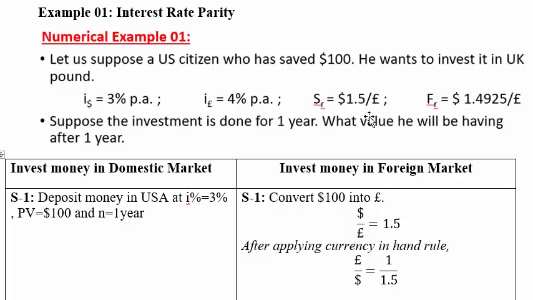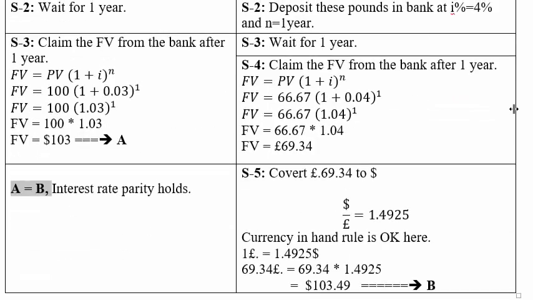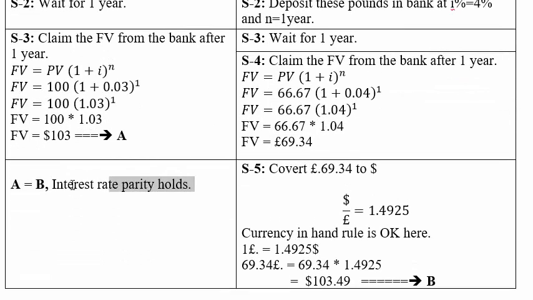Like pound was equal to $1.5, and now the same 1 pound is less than $1.5. So this is actually called interest rate parity, which means if you invest money in your local market, or if you select to invest money in the foreign market, the end result will be the same, the amount of cash flows remain the same. So this is the parity situation.